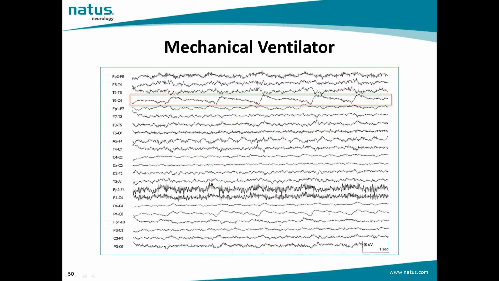Mechanical devices such as ventilators and circulatory pumps usually produce artifacts with slower components than other electrical devices. The artifact typically repeats with a fixed interval and is a slow wave as shown in the picture with the red square, or a complex including a mixture of frequencies superimposed on a slow wave.